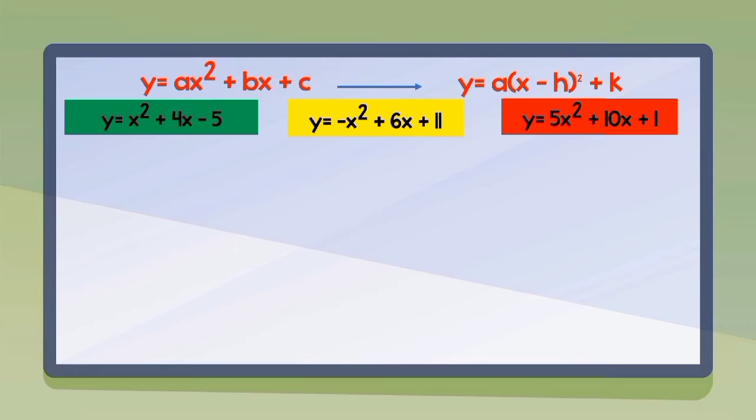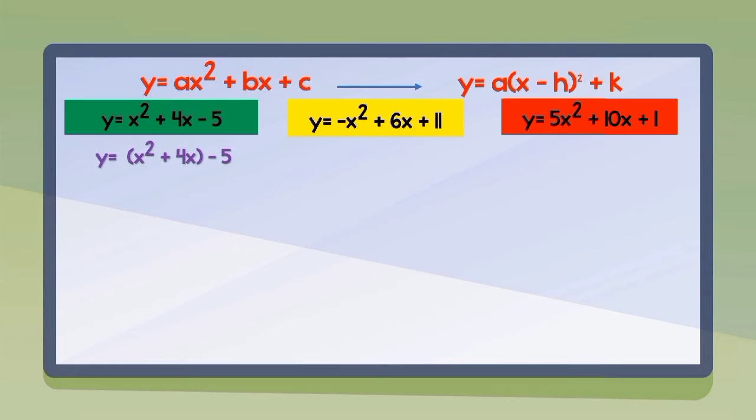So we need to make sure that our a is equal to 1. Observe the three functions. In the first function, we can say that a is already equal to 1, so we can just write it as x squared plus 4x minus 5. On our second function, we have a negative, so a is equal to negative 1.